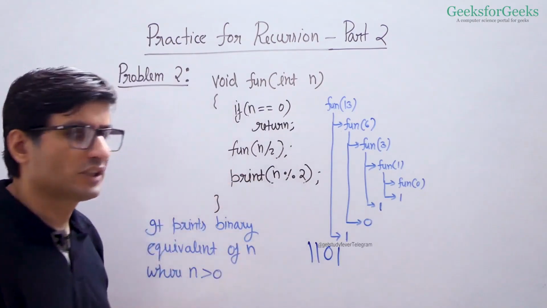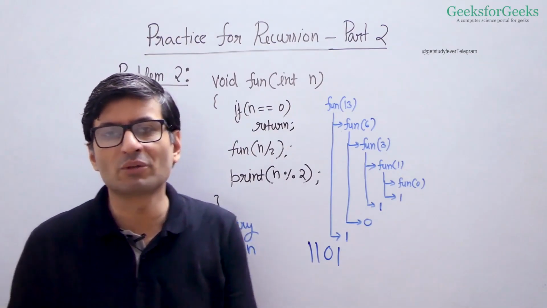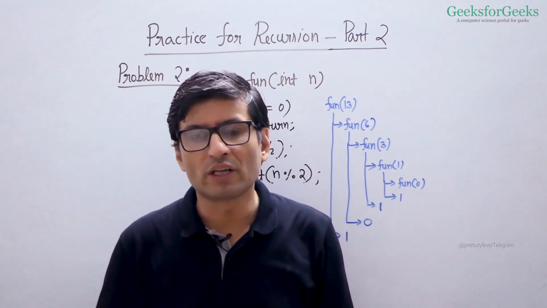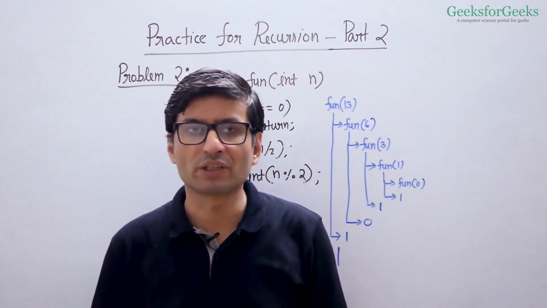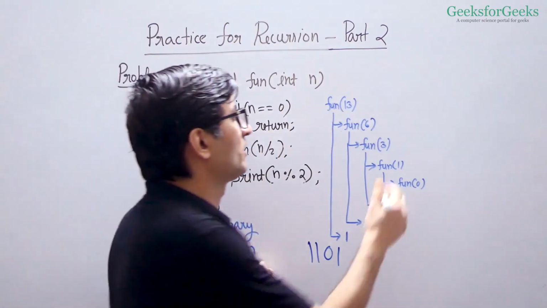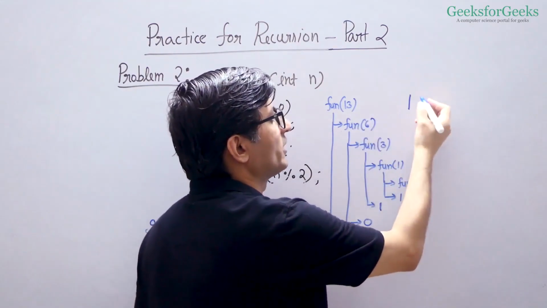This process, if you see, is same as decimal to binary conversion. In decimal to binary conversion, what we do is we keep dividing the number by 2 and we keep storing the remainders that we get. So we divide 13 by 2 and we store the remainder as 1. Then we divide 6 by 2 and we store the remainder as 0.